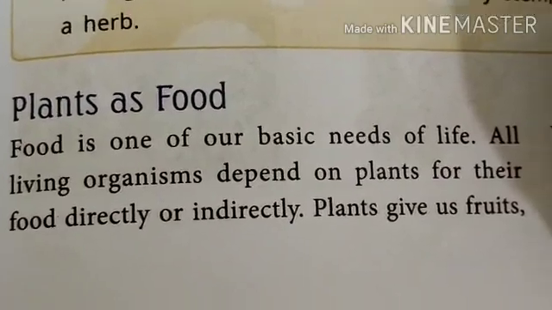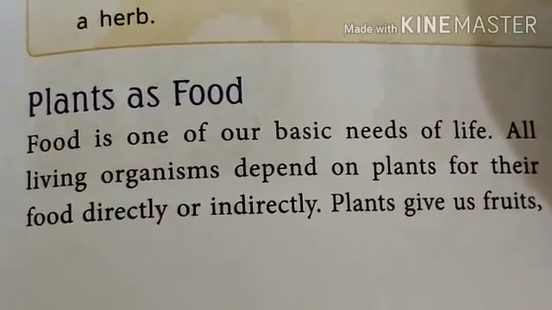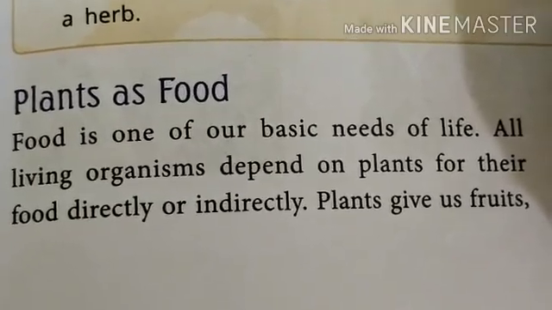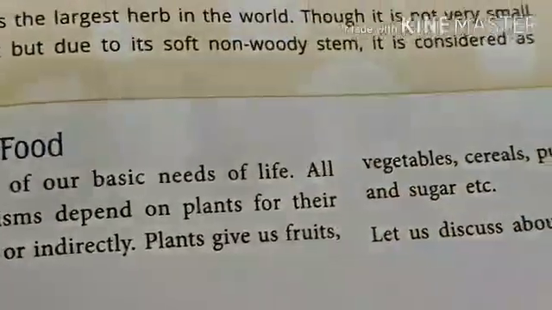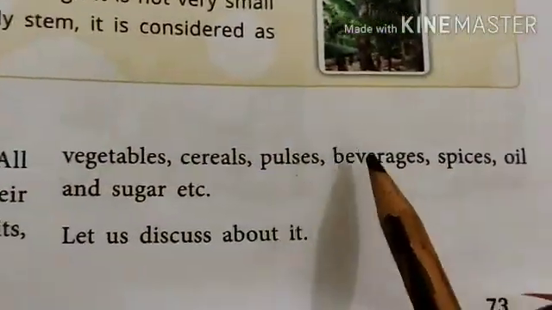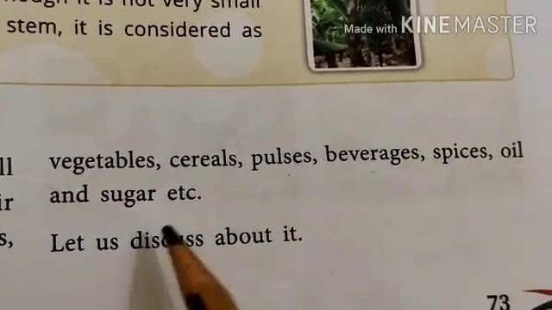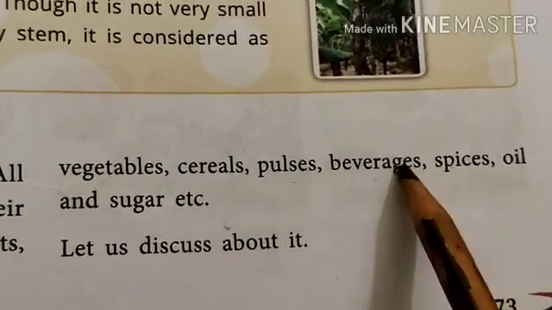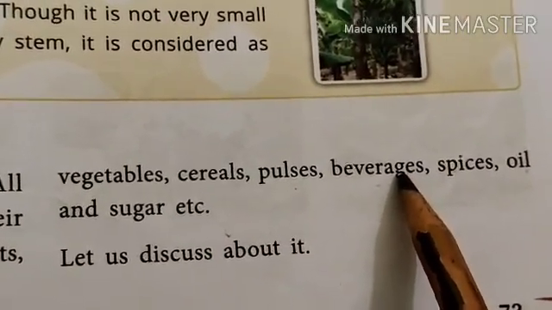And we all know that food comes directly or indirectly from the plants. Plants give us fruits, vegetables, cereals, pulses, beverages, spices, oil and sugar. Beverages means the drinks like tea, coffee.